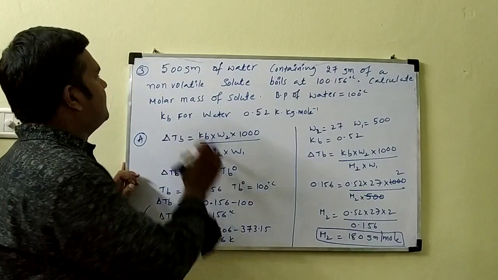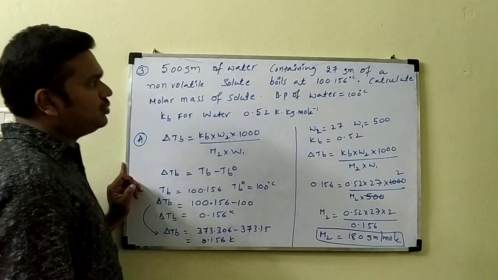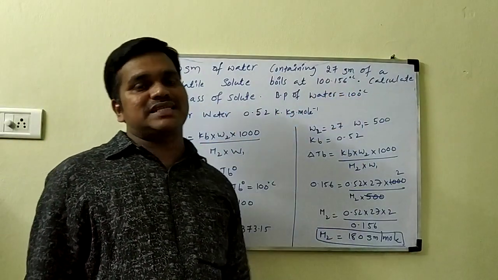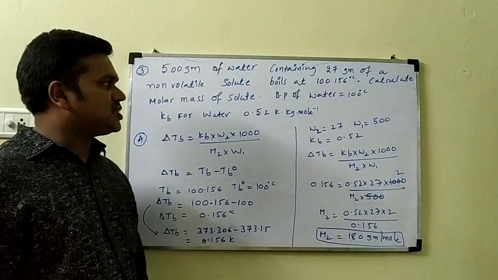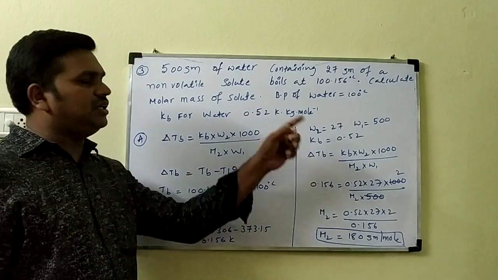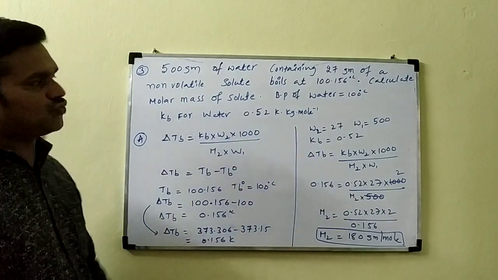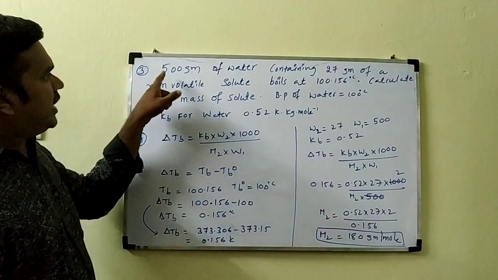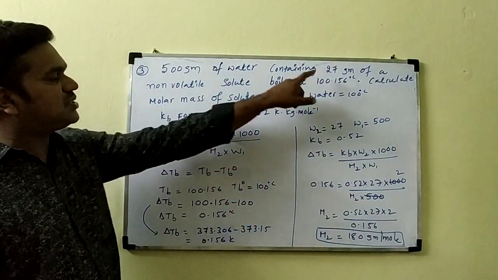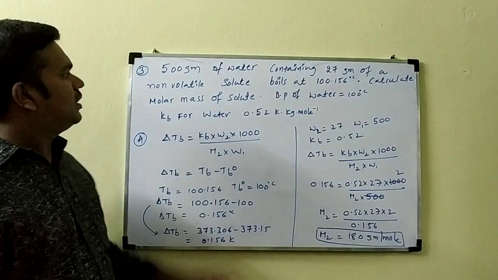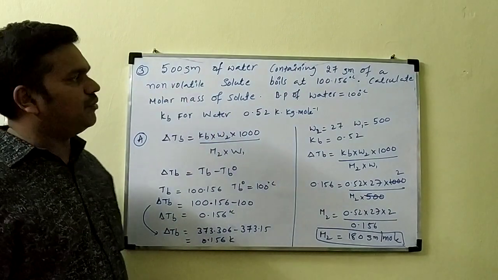Calculate the molar mass of the solute. The boiling point of water is given as 100 degrees Celsius and Kb for water is given as 0.52 Kelvin kilogram mole inverse only. This is the problem. So 500 grams of water is given, and 27 grams is the weight of the solute. 500 grams is the weight of the solvent only.